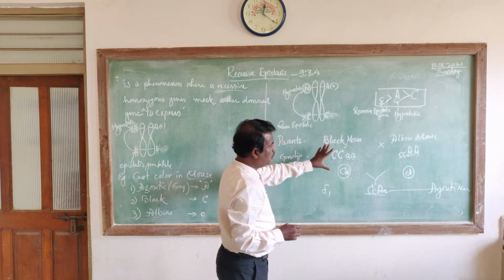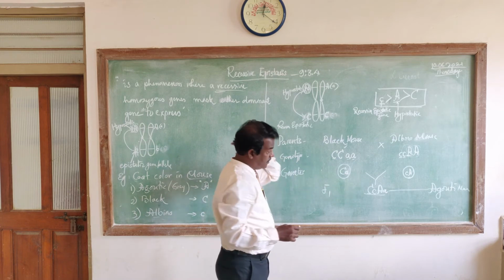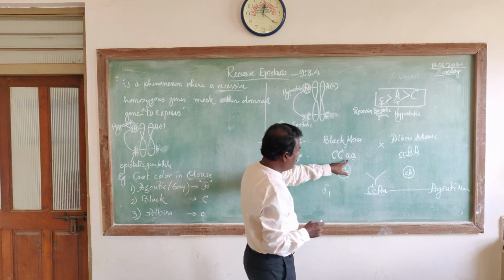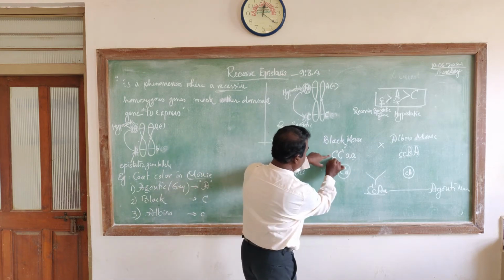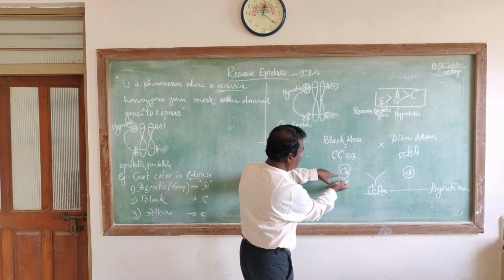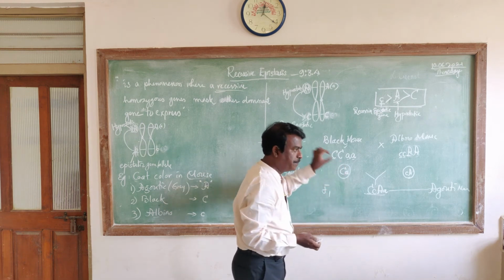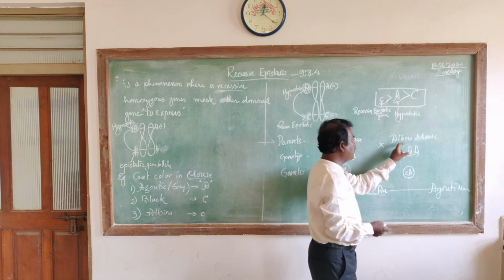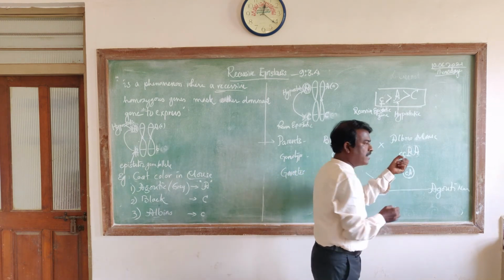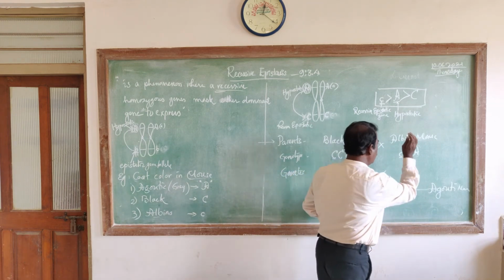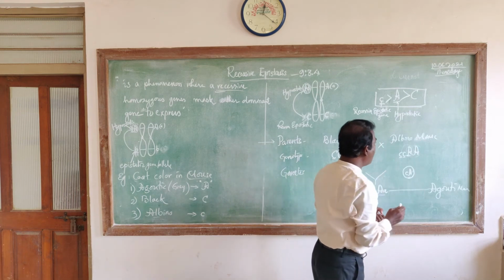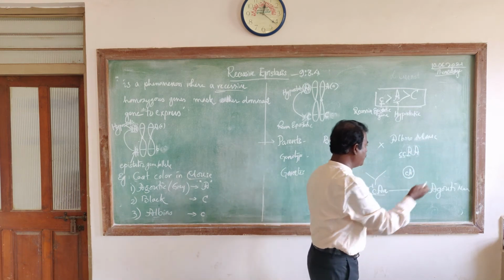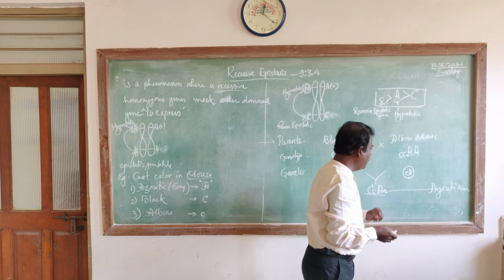Here we need to understand all the three genes. Look at it here: in the absence of capital A for agouti, this capital C for black color is expressed, so this is the respective genotype. And here albino, look at it, this small c is a recessive epistatic gene to mask the expression of capital A for agouti, so this is its respective allelic combination.